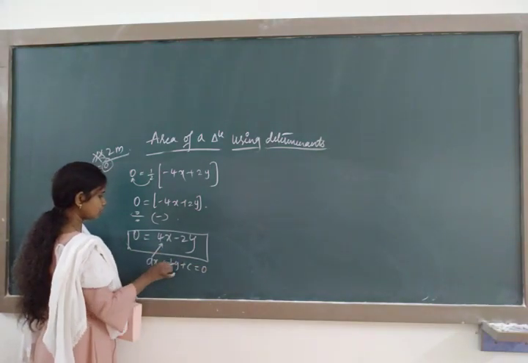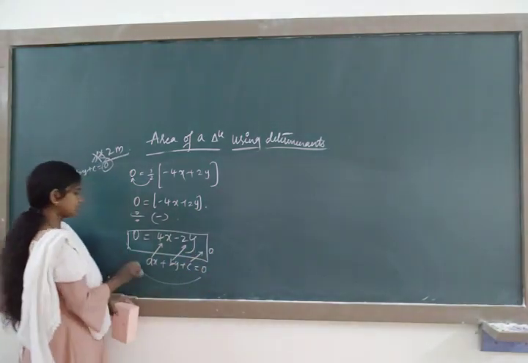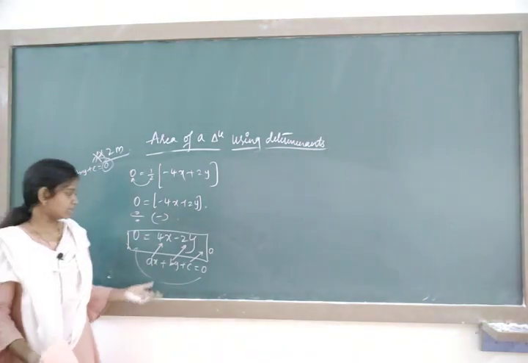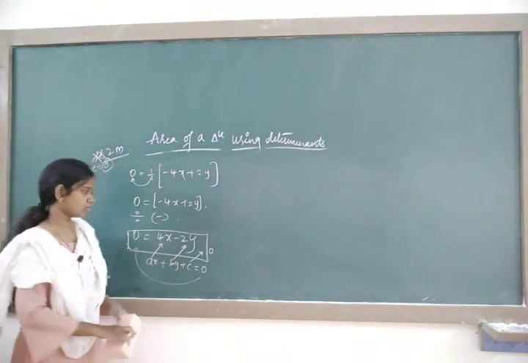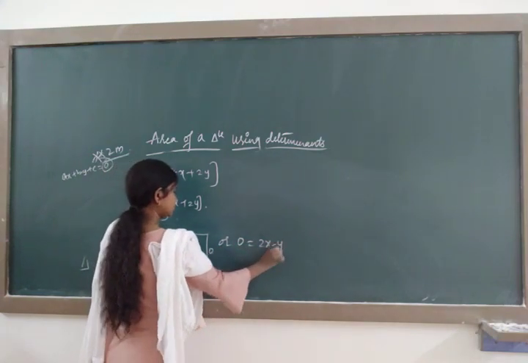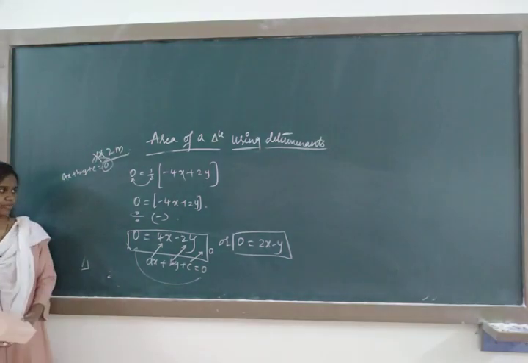Here the a value is 4, b value is 2, c value is 0, and 0 is equal to 0. To look nicer, divide throughout by 2, or you can also write the equation of the line as 2x minus y.